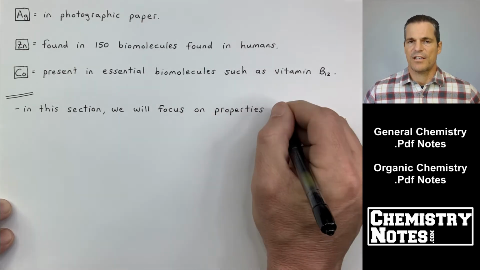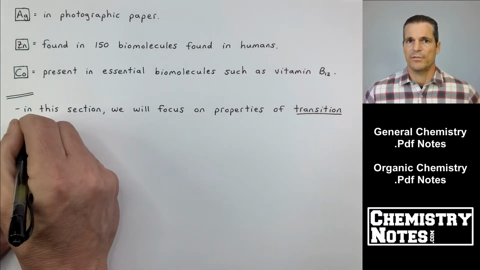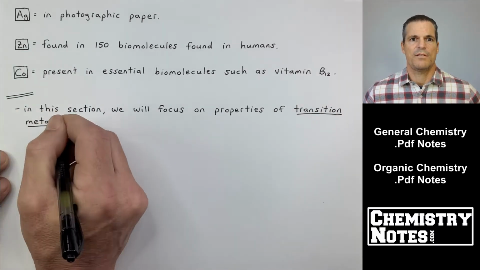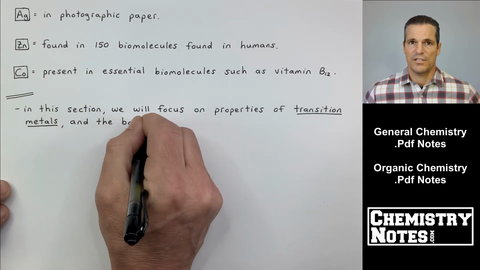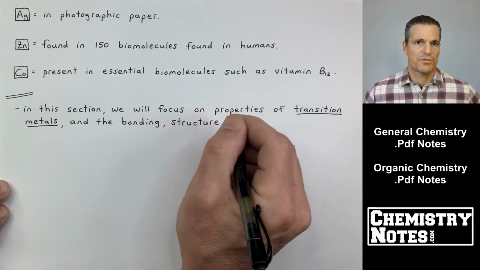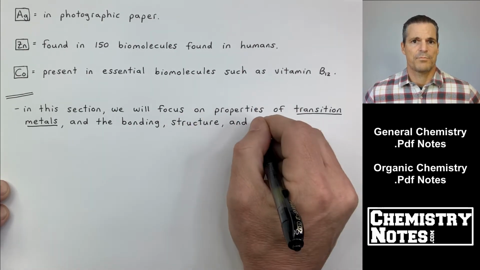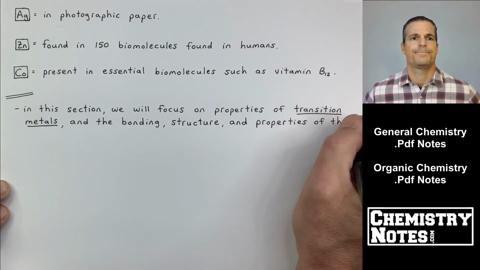Now, in section 18, which is transition metals and coordination compounds, we're going to focus on properties of transition metals and the bonding, the structure, and other various properties of these D block elements, okay?